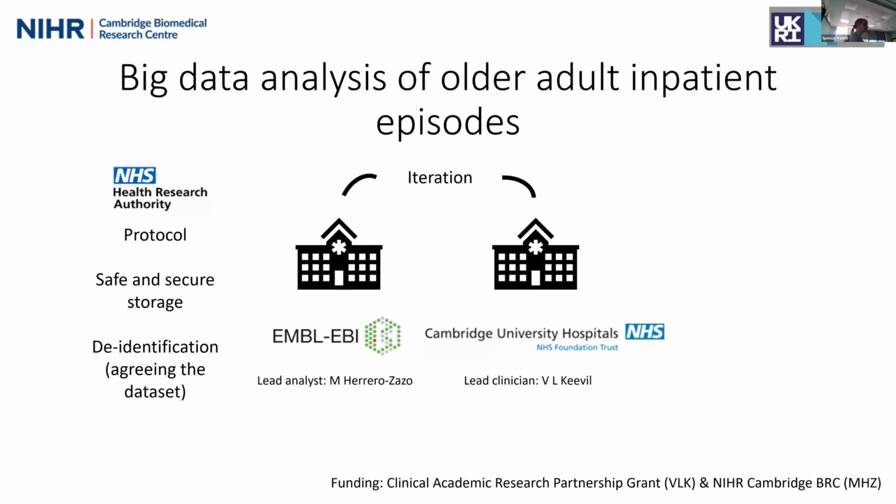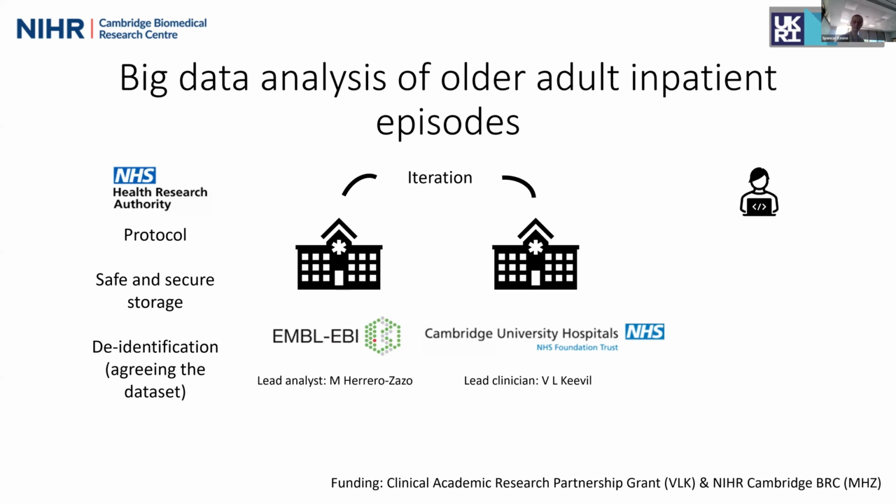The first one, with the technical team, was agreeing a data set that was granular enough to be analysed to find those hidden signals, but not so granular that we could identify the patients. That iterative process was really supported by research governance leads at CUH and the BRC, namely Helen Street at the time.